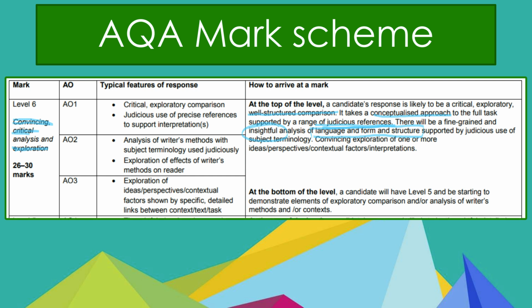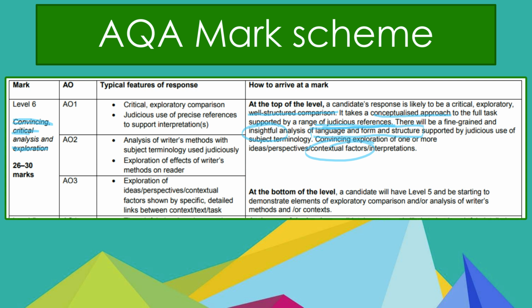And then we have this convincing exploration of one or more ideas, perspectives, contextual factors. With the contextual factors, don't be tempted to just drop in a fact. But for example, if you've got one of your poets is a romantic poet, then the contextual influence on their writing could be important to meaning.